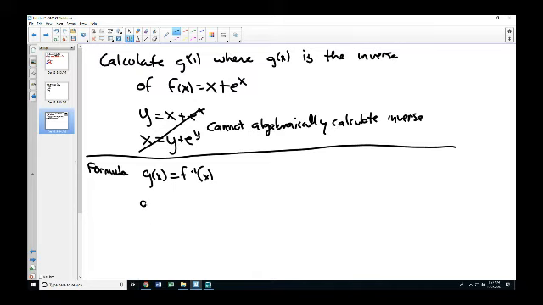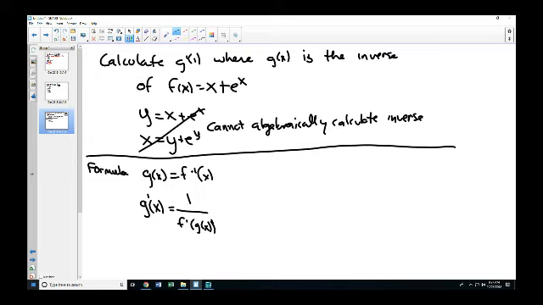Calculate the g of x for f. Yeah. Okay, g prime of x is 1 over f prime of g of x. That's your formula.